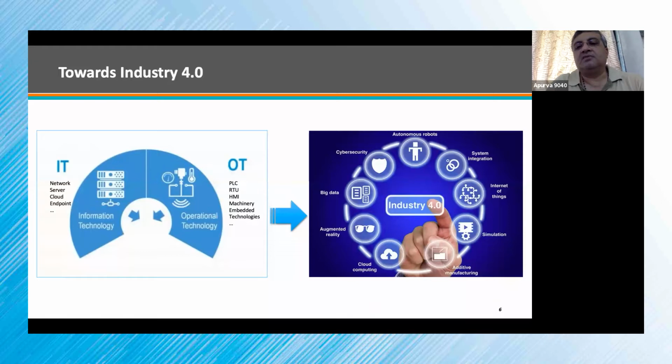So once we merge all those things and we add a few more things, then we come to Industry 4.0. Where autonomous robots are there, system integration, Internet of Things, additive manufacturing, cloud computing, augmented reality, big data, because all the sensors and everything will generate a lot of data. And all this requires security. Hence, cyber security is also an important point in Industry 4.0.